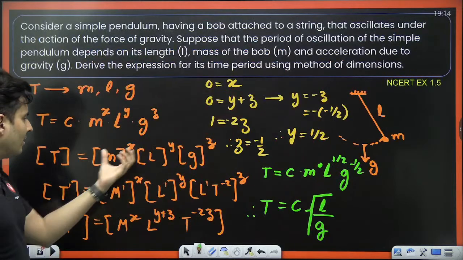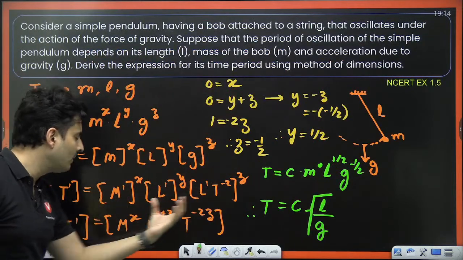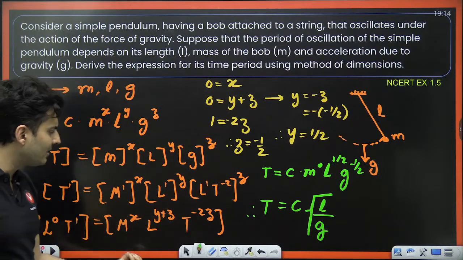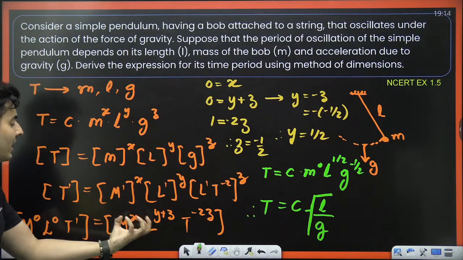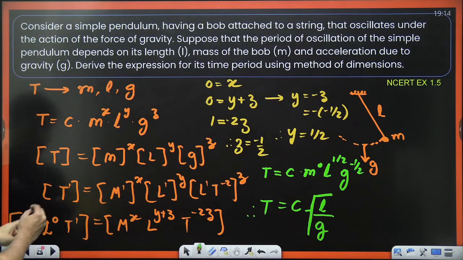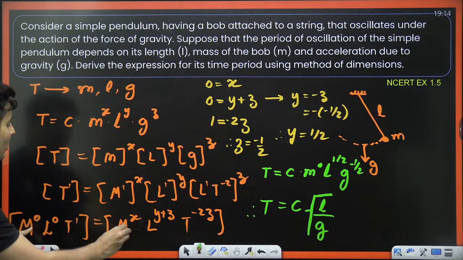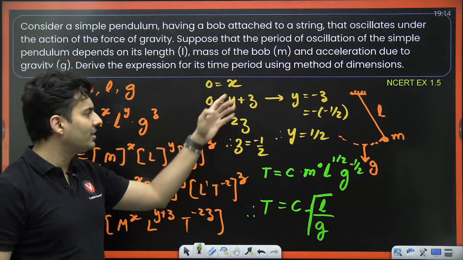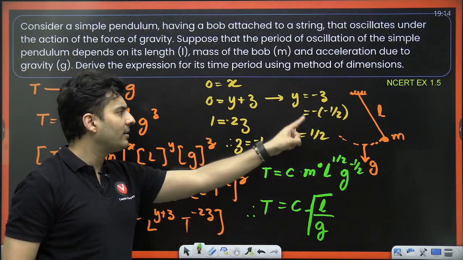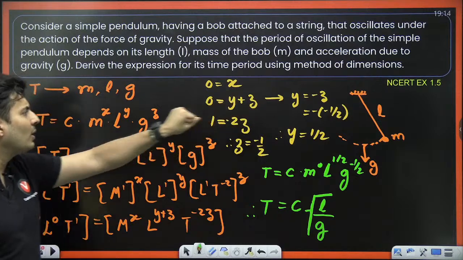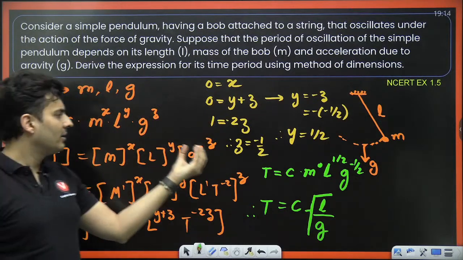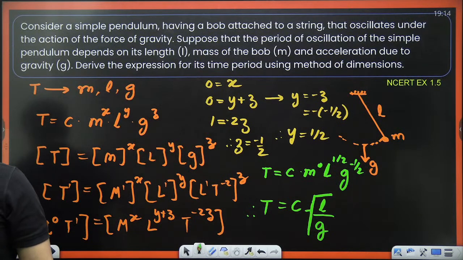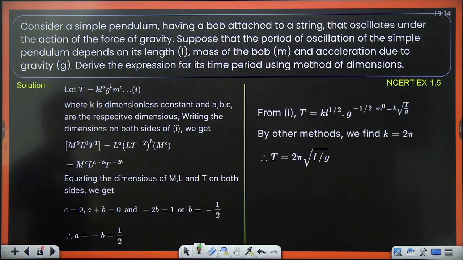Now, when you write the dimensions of each of them, you can merge some things, combine them and make it look like a simple formula. Whatever is on the LHS and RHS, the power should be equal for mass, for length and for time. Just write 3 equations, 3 unknowns, solve it, you get the values of x, y, z. Once you get the values, put them here, you get the final formula. Cool? Let's do some questions on this after some time.